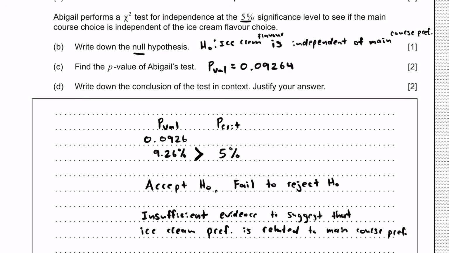And I guess maybe instead of related, let's use dependent and independent. So is dependent of main course preference. Okay, I think we are good.